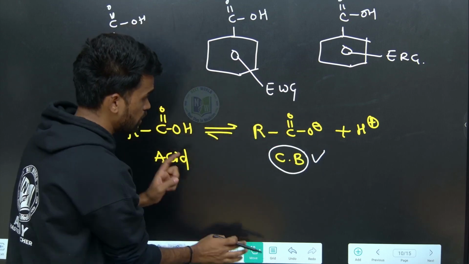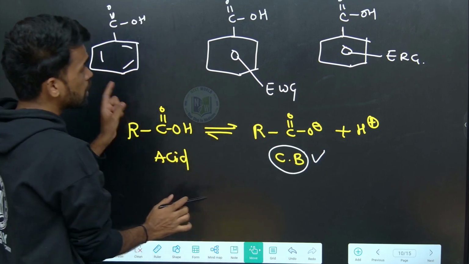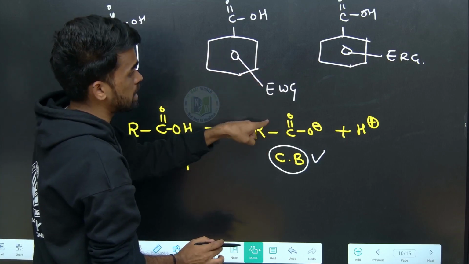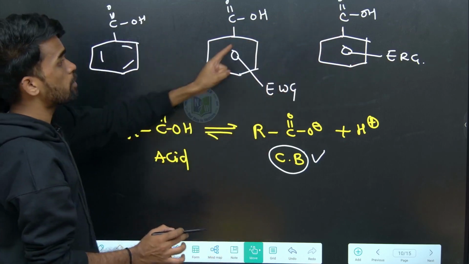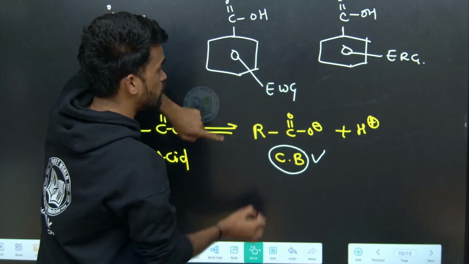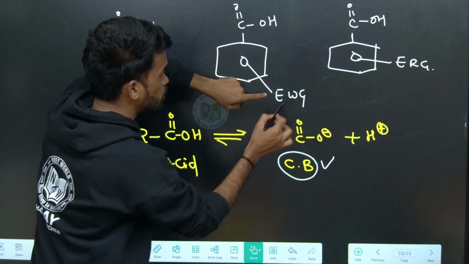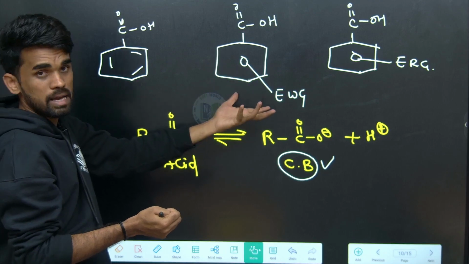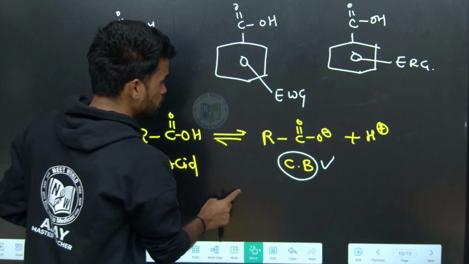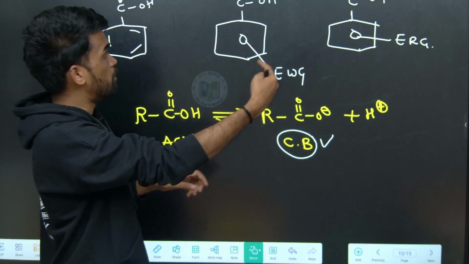By this reason, tell me which carboxylate ion, with the negative part of these acids, we have to consider. Which carboxylate ion is more stabilized? The one having an electron withdrawing group will withdraw the electrons and will be stabilized. It means we need to check for the conjugate base stability.